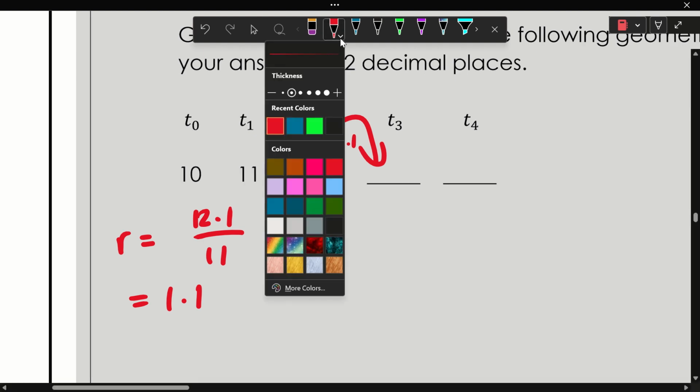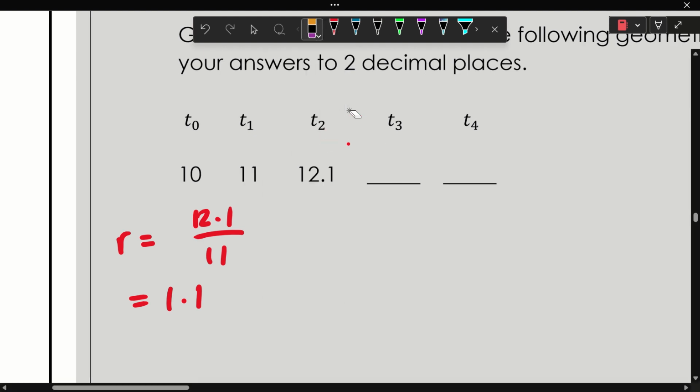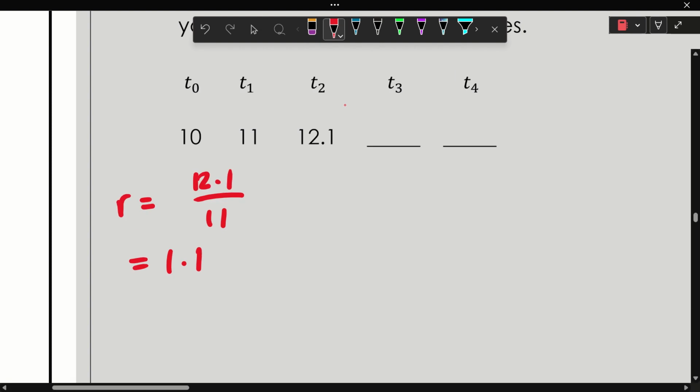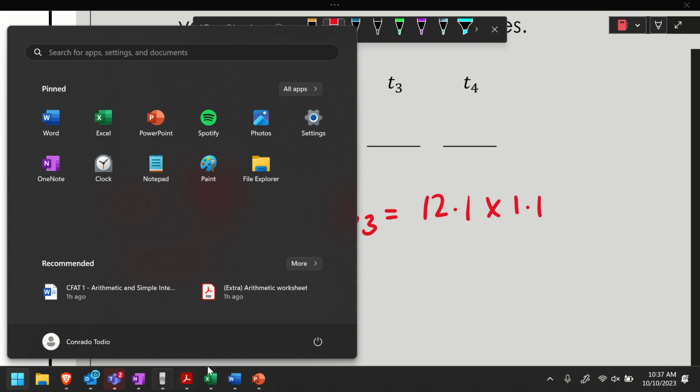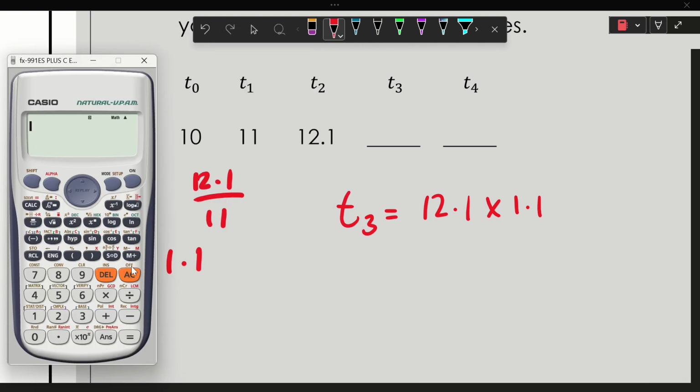All right, so using that, to get T3, working out, you have to show it. So T3 should be 12.1 times 1.1. If you just show your working out like this, it's fine. You don't have to show every single step. That's too much. All right, so again, 12.1 multiplied by 1.1 equals 13.31.